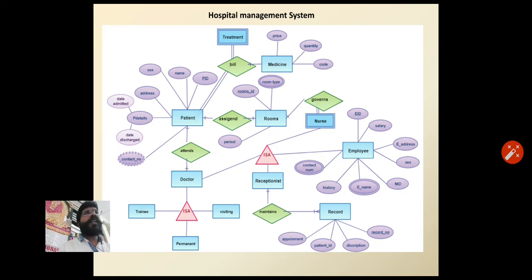Patient ID, patient name, patient address are the attributes of the patient entity. Doctor is also an employee, nurse is also an employee, and receptionist is also an employee. Doctor is more specific: permanent, visiting or trainee, three types of doctors.